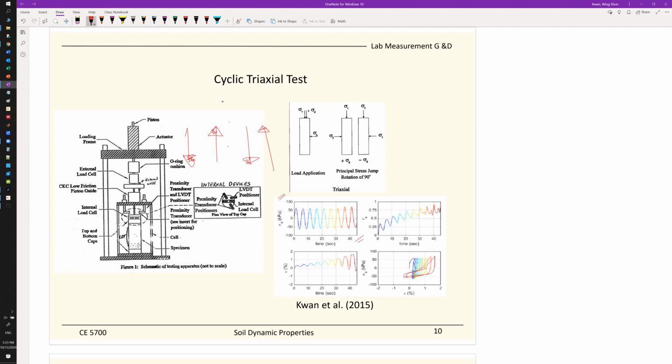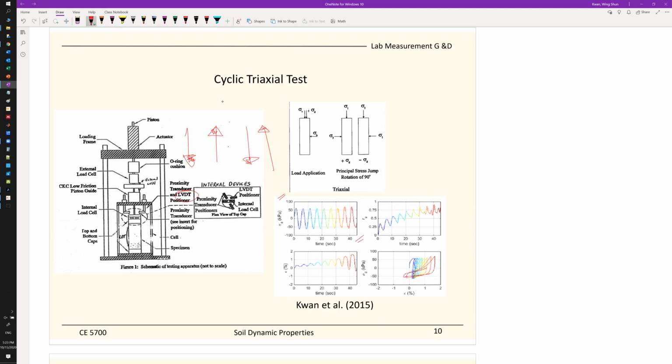So this will be your input stress history, going up and down on the soil samples, and then you will have the corresponding pore pressure that you generated. You have the sensor connected to the soil samples to measure the pore water response, and also the axial strain. You will have the LVDTs there to measure the displacements.